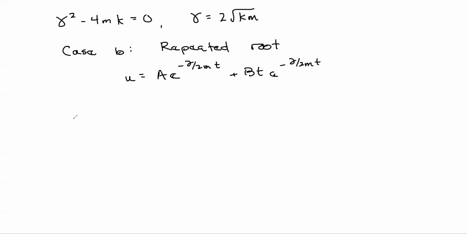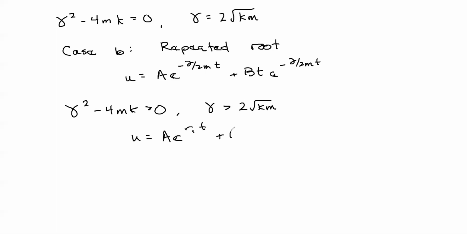Right, that's our repeated root scenario. And then we finally have gamma squared minus 4mk greater than 0. That converts into gamma is greater than 2 root km. And that one we get u equals A e to the r1 t plus B e to the r2 t.